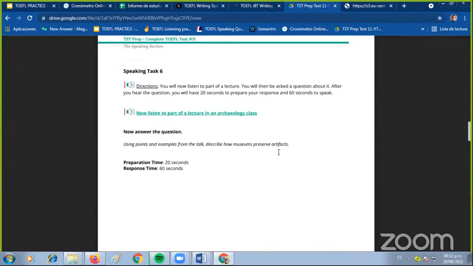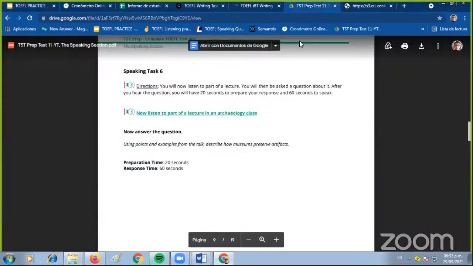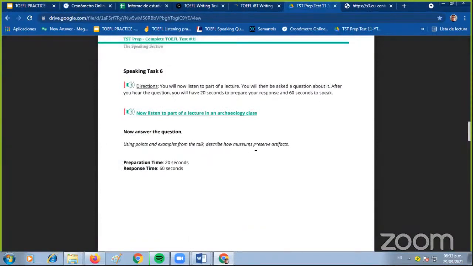That was the question. What you had to do was the following, okay? Museums preserve artifacts in two ways. One, because they do this and do this, you can explain. And two, because of this. That's it, okay? That's the way you have to organize. You have to consider the question. The question is, describe how museums preserve artifacts.